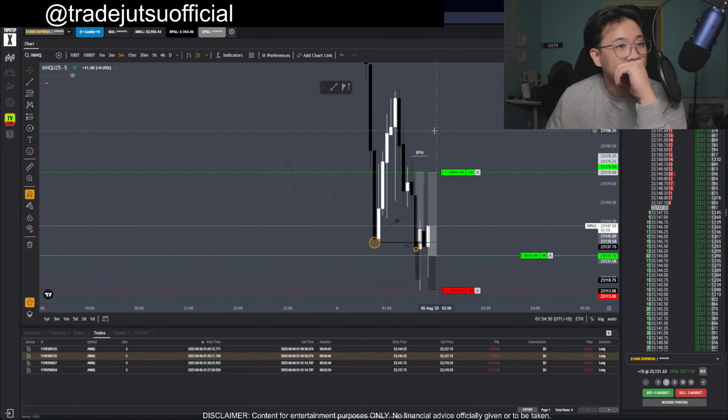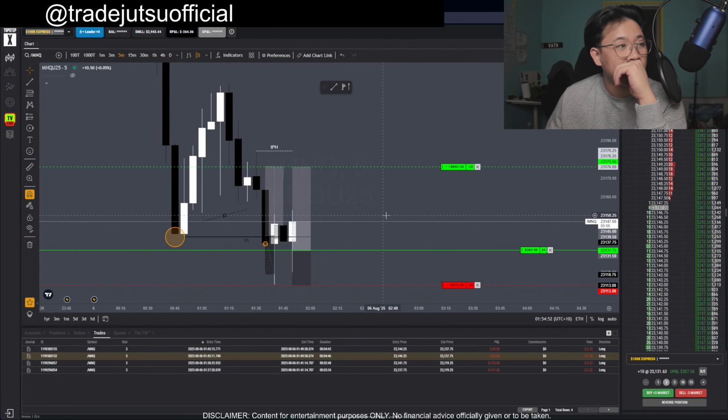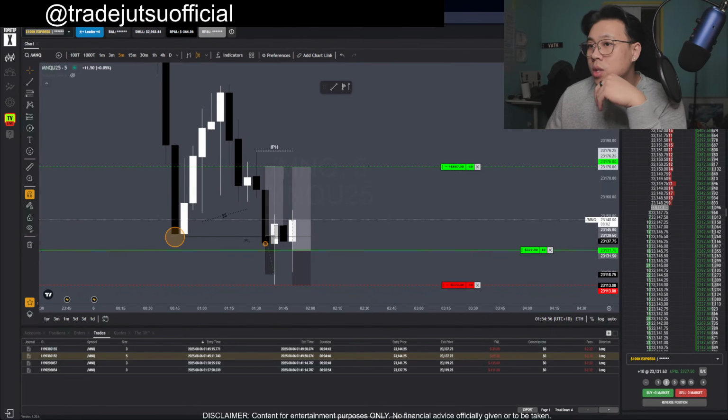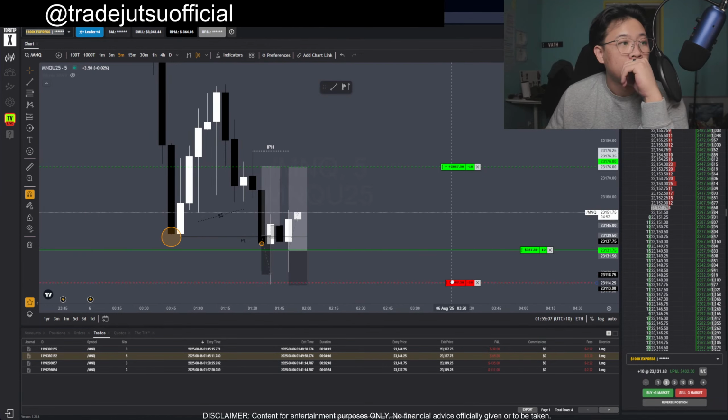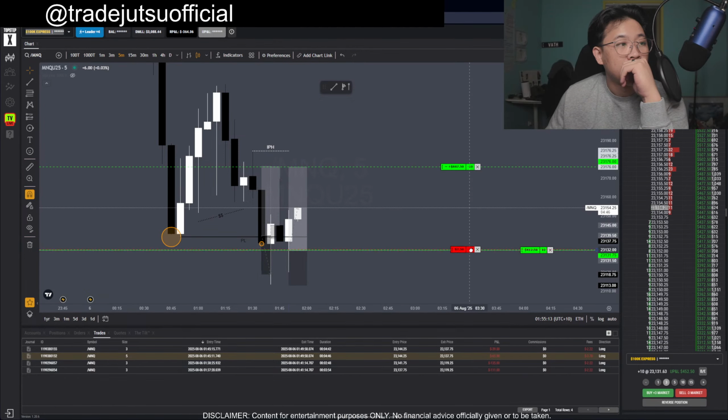Let's see where the 5 minute is. 7 seconds off the 5 minute. 4 seconds off of it. 4 minutes. 40 off 4. Alright, trailing the stop loss. Technically should be under here.